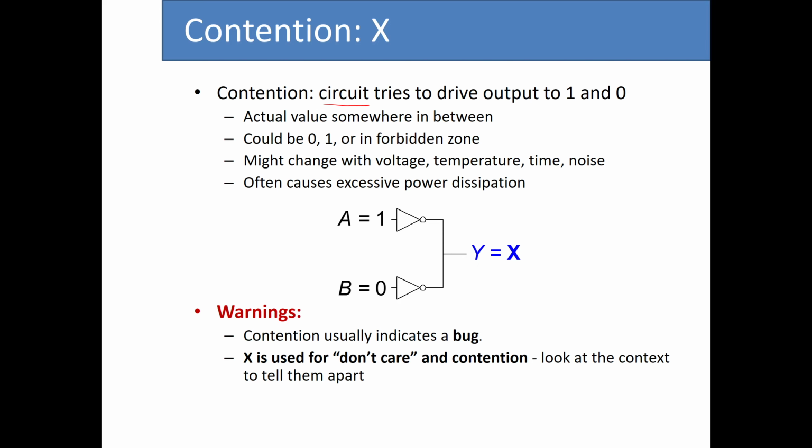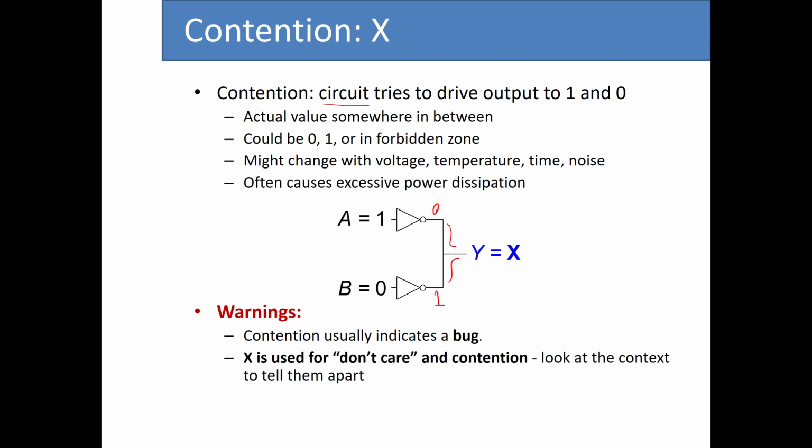So one example, you can see it here, that we have A equal 1, B equal 0. A goes through one inverter, so that makes the output here to be 0, and B goes through another inverter, that makes the output to be 1, and now Y is not clearly specified, because from this path it is connected to 0, from this path it's connected to 1, and that is what we call contention.